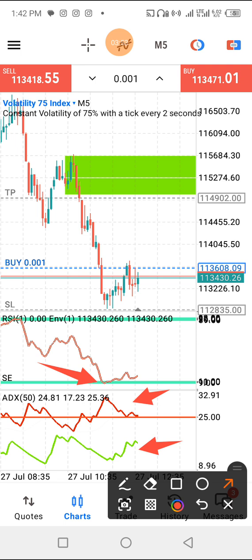That means it's gathering momentum to move towards the level 25, while the negative D is or will drop below level 25, meaning that there is no more strength or momentum for price to go down. That is what it implies. When you see it coming below level 25, it's just telling you that at the moment there is no more momentum for sellers to push price downward.